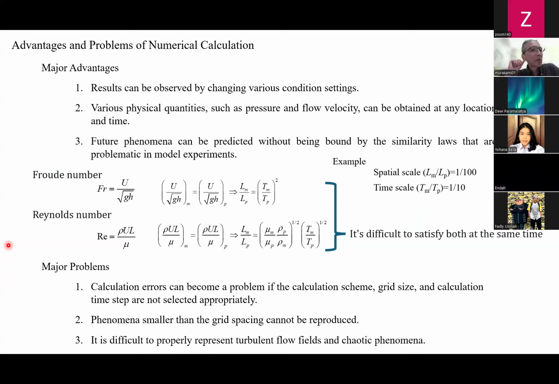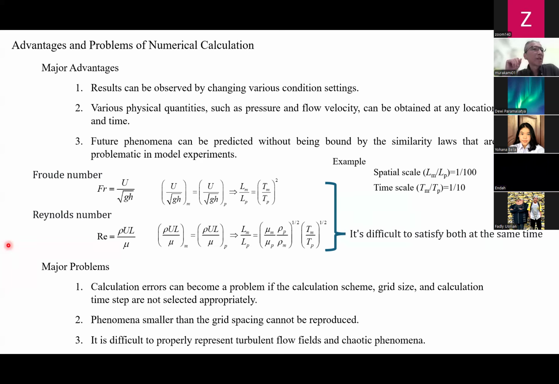And the second problem is phenomena smaller than the grid spacing cannot be reproduced. And so we need to use grid and cells. So smaller phenomena cannot be expressed, such as turbulent flow or the boundary layer problem.